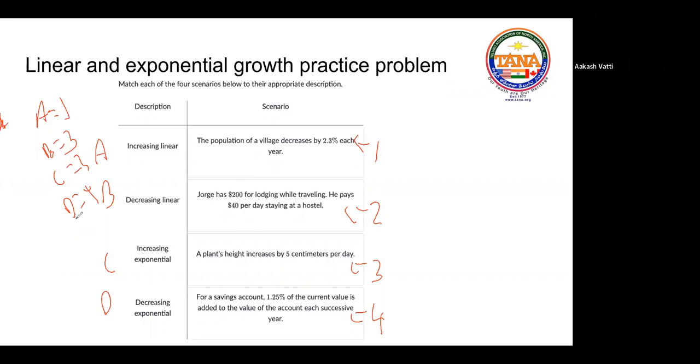I'll give you another 30 seconds to do this one. Again, just put your answer in the chat after you get whatever you get.